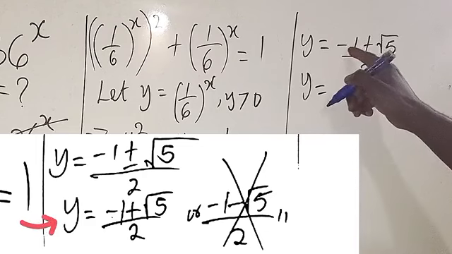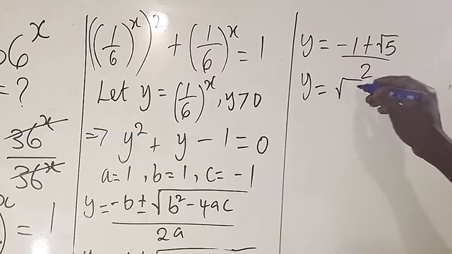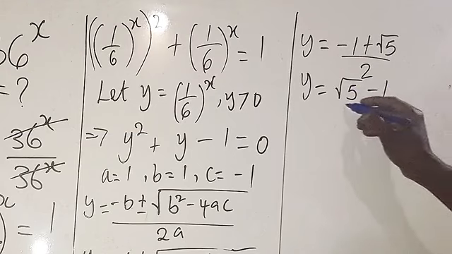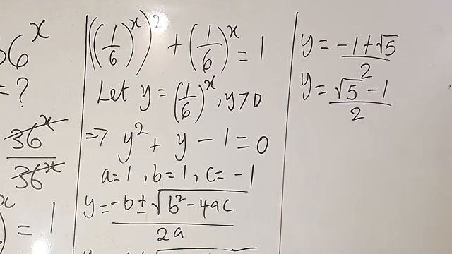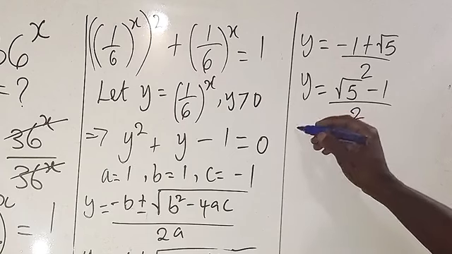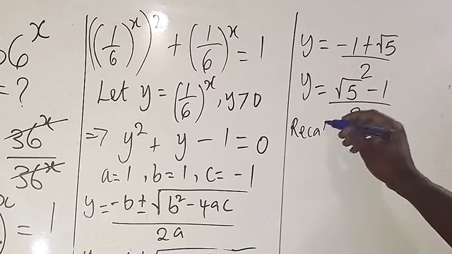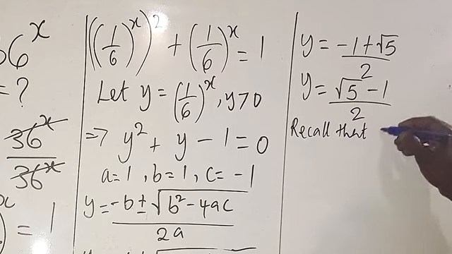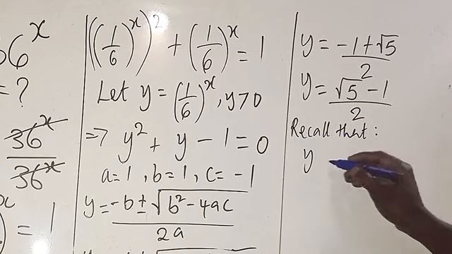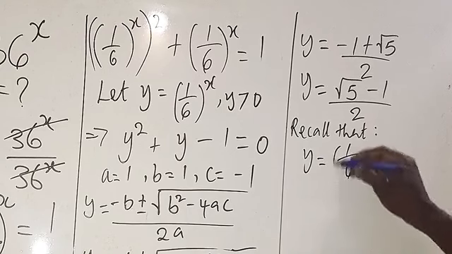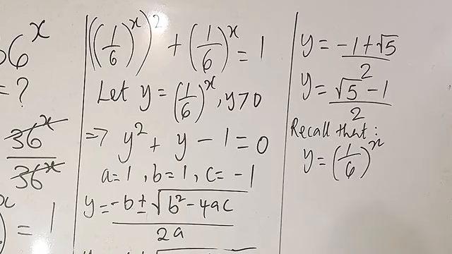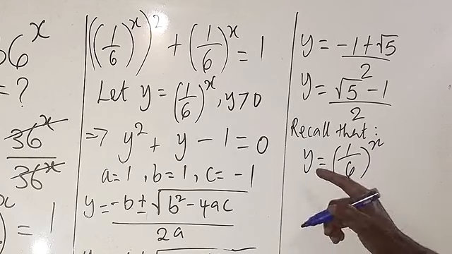But because of this negative, we can put root 5 to the front and write it in this form. Right? So from here, we need to recall that we are not looking for y, what we are looking for is x. We need to recall that y equals 1 over 6 all to the power of x. So now y is this.